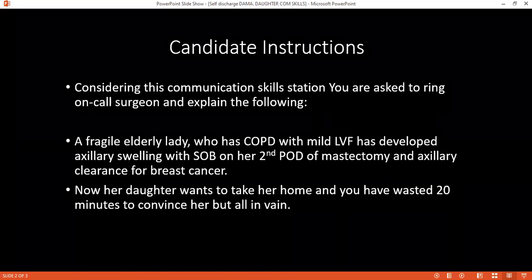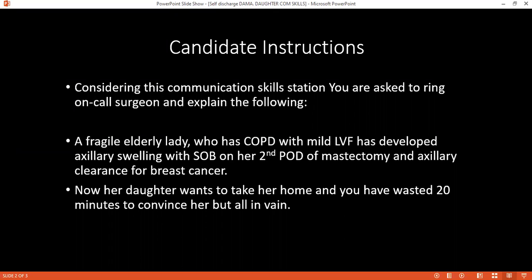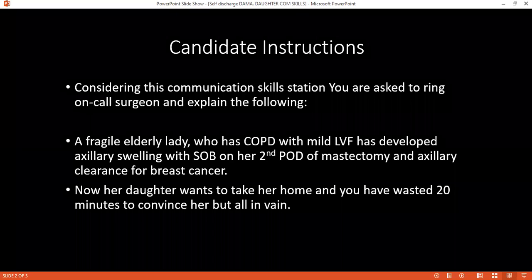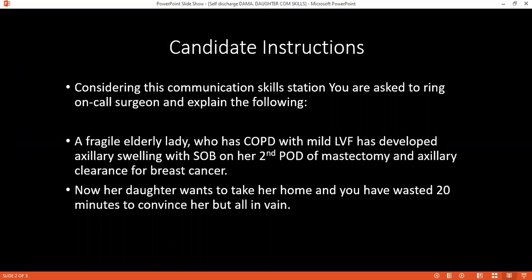Okay, I will inform her daughter and the patient that we cannot discharge her medically, and if she wants to take discharge, then she has to sign a legal document.